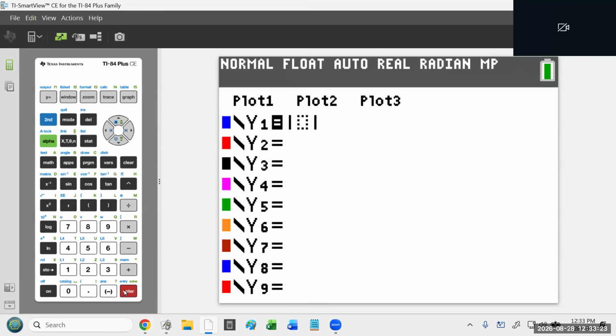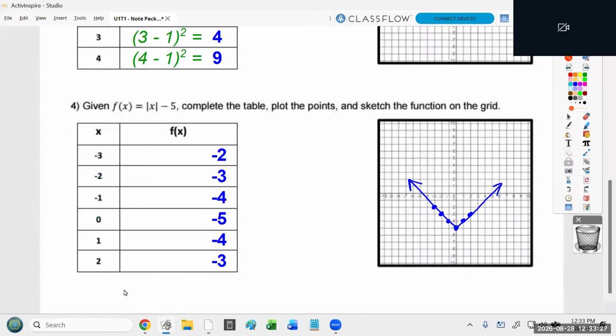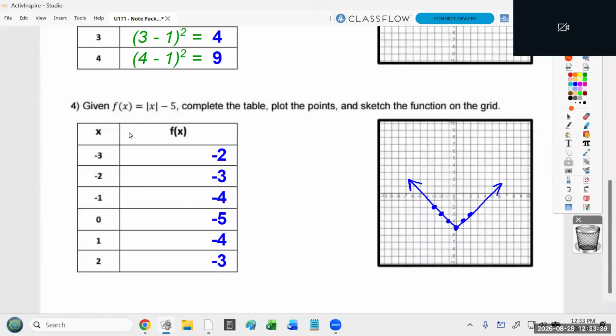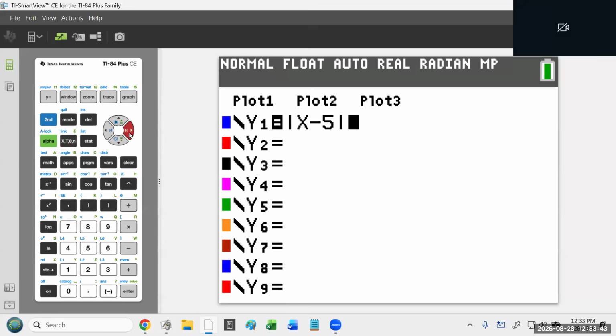We just hit enter. Now, do not type it just x minus 5. Watch this. X minus 5. See the problem with that? Now the -5 is inside the symbol, and that is not what this looks like. So if anyone screwed this up and got the wrong graph, I want you to ask yourself if you accidentally typed it like this.